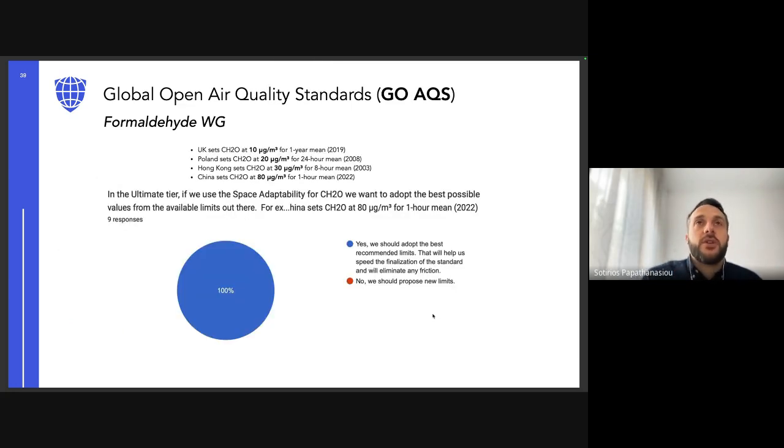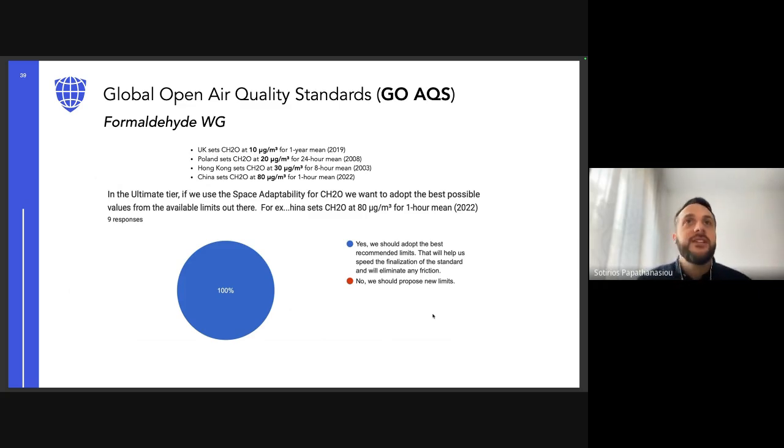What we have at GoAQS is a year, 24-hour, 8-hour, and 1-hour mean values. And those are the limits that we suggested: 10 micrograms per cubic meter for 1 year, 20 micrograms per cubic meter for 24-hour mean, 30 micrograms for 8-hour mean, and 80 micrograms per cubic meter for 1-hour mean.